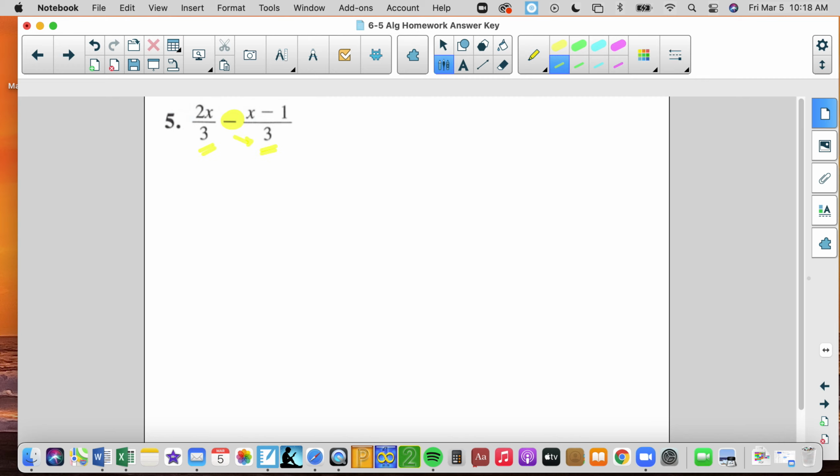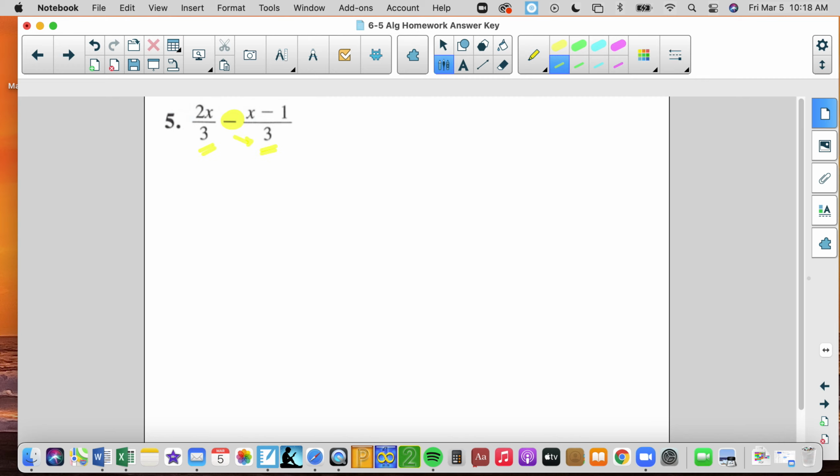So when we rewrite this in one numerator, we're going to write 2x minus the quantity x minus 1 over 3, because that negative is outside of that, and that's a vinculum. So x minus 1 is together. When we push that negative up to the numerator, we're going to have to distribute it to both of those things in the numerator.